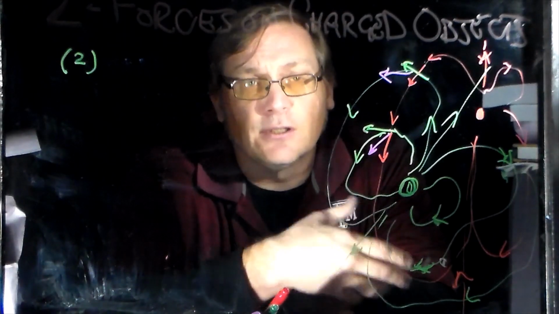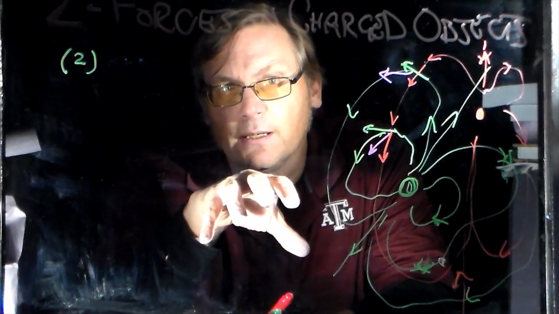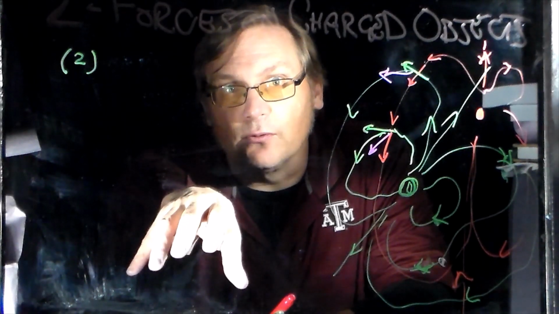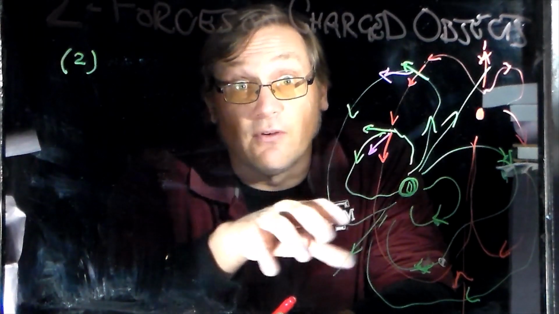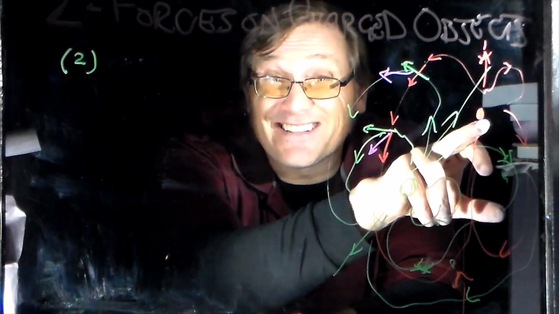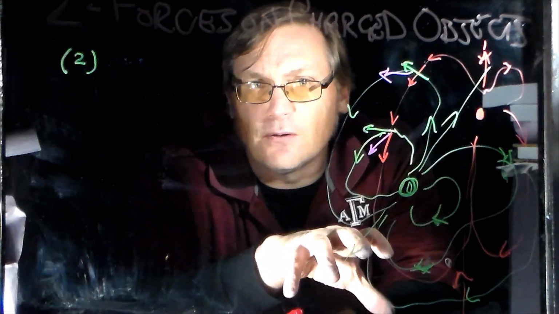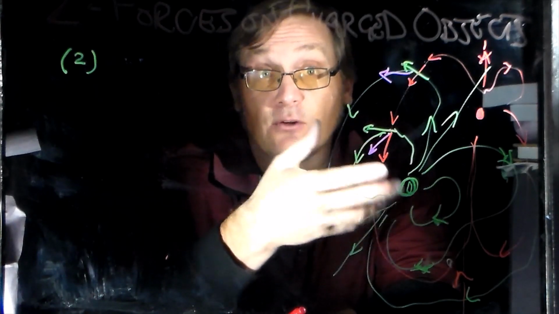They add together to make a total field, which is what your object reacts to. Just like in Newton's second law, you use the net force, the sum of all of the forces. Well, you get a force from the effect from this guy and a force from the effect from this guy. Those are in that field, which produces a net electric field that you respond to.